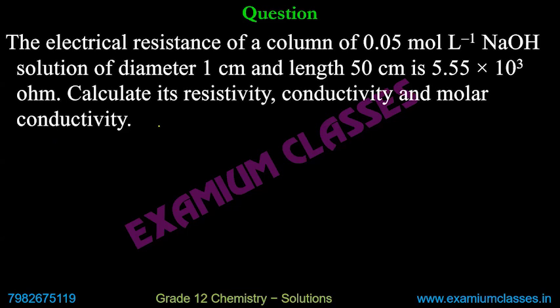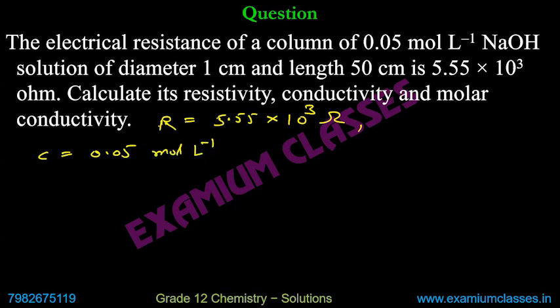What is given? 5.55 into 10 to the power 3 ohms resistance. Concentration is given, 0.05 mole per liter. Diameter is given, length is given, 50 centimeter.